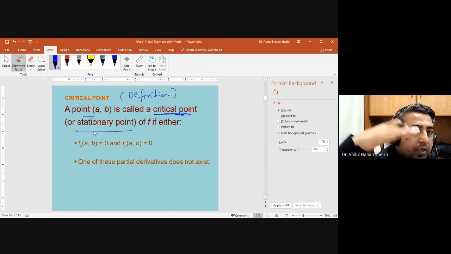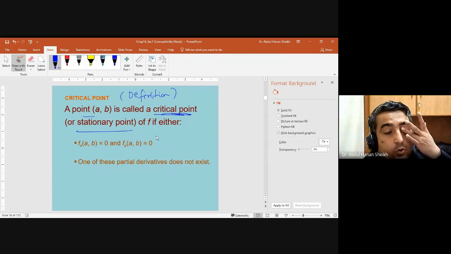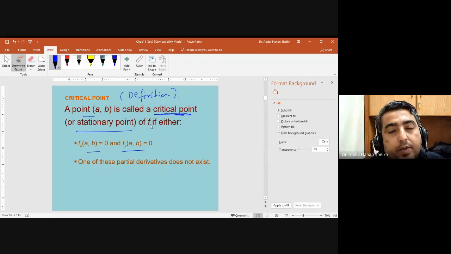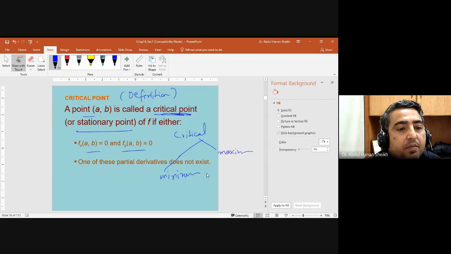It's parallel to the axis. So that will be a critical point if both of these are 0, and the point can be a maximum or minimum. Both can be critical points. So critical means maximum or minimum.